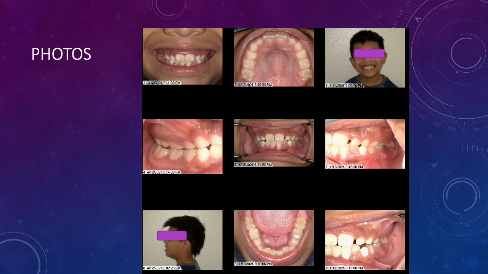If you look at the lower jaw, the picture that's center at the bottom, looking at the teeth on the chewing surface, you might not think that K and L would be bad enough to warrant extraction. But then when you look at the soft tissue, that gives you more information. If we go back to the x-ray, we're going to see that there are abscesses forming around those teeth. And so obviously the treatment plan is going to be affected by that.